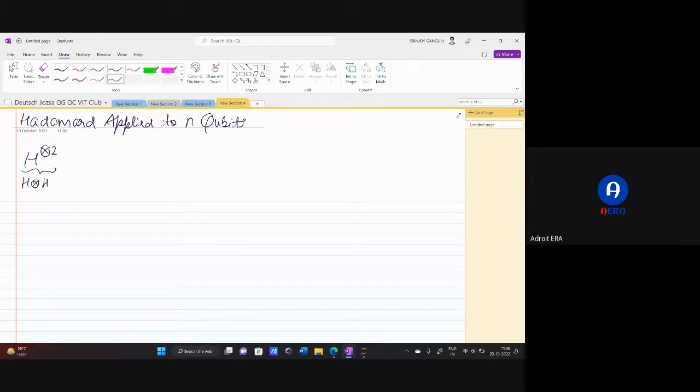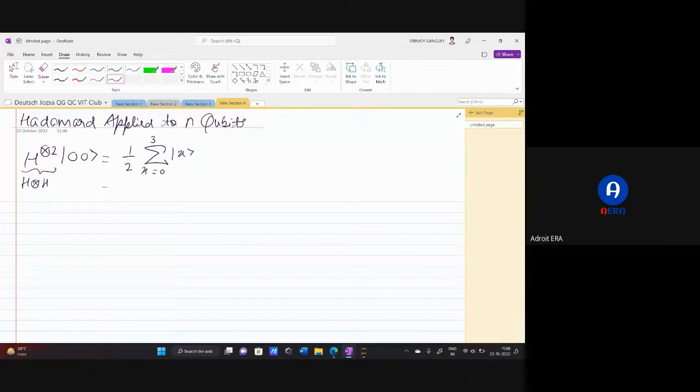So Hadamard applied to, let's say, ket 00 is equal to, what will be the compact expression for that? The compact expression will be half summation x is equal to 0 to 3 ket x. And those of you who are not familiar, you can calculate this. So what will be the calculation?